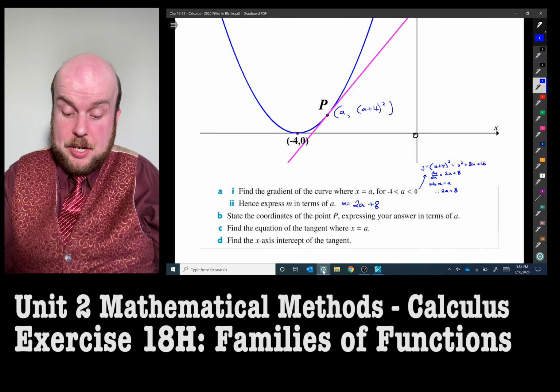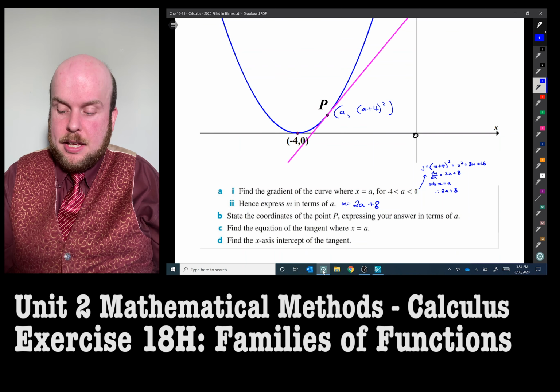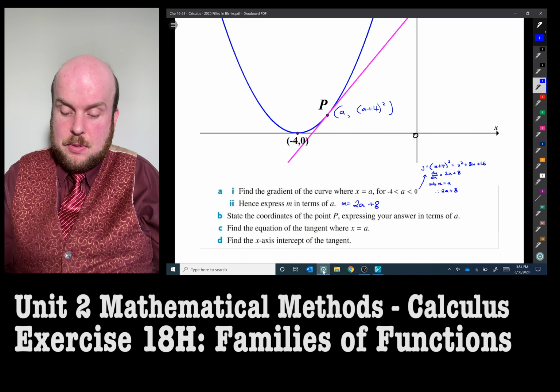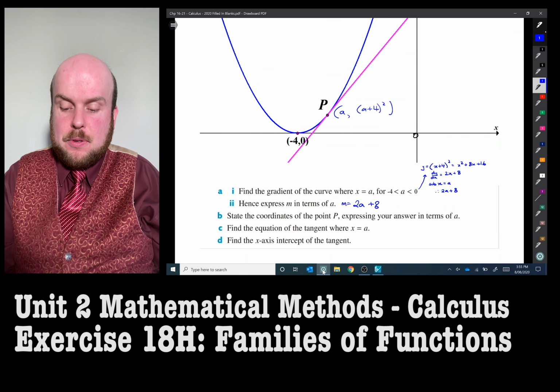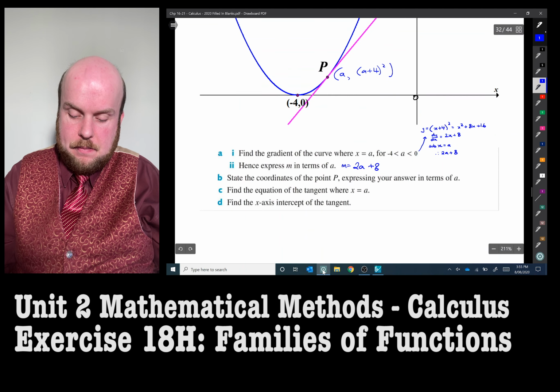Now we need to find the equation of the tangent where x is equal to a. So we're going to need to use this derivative, this m value, and substitute in the points a and a plus 4 squared to solve for c.